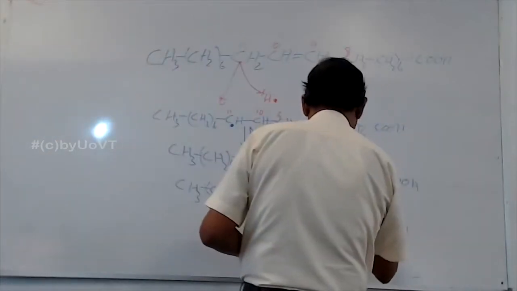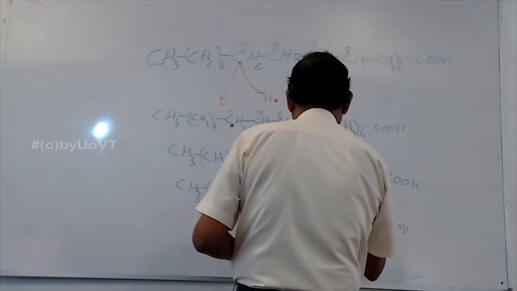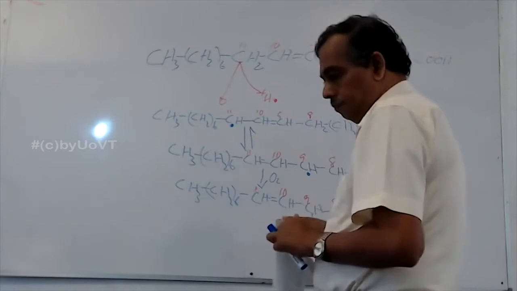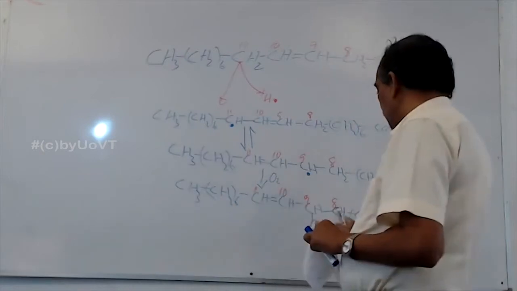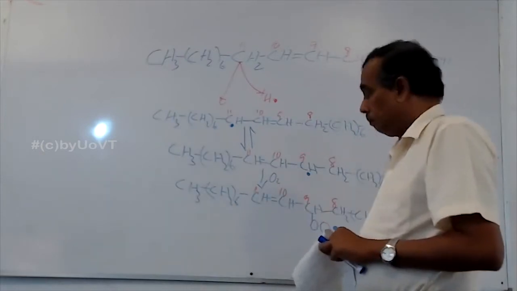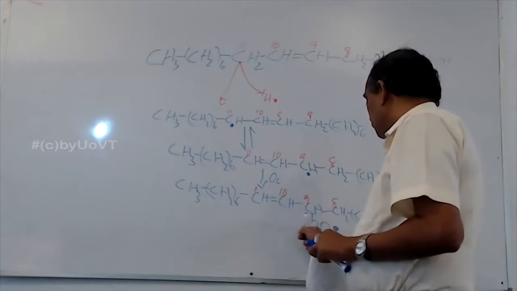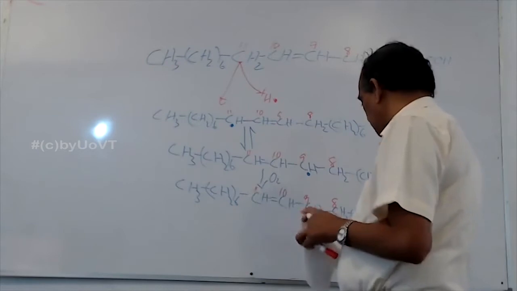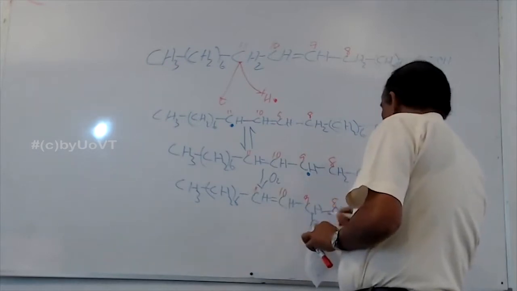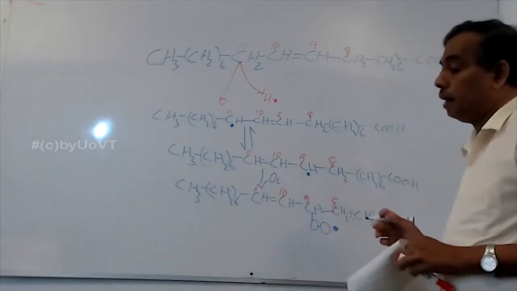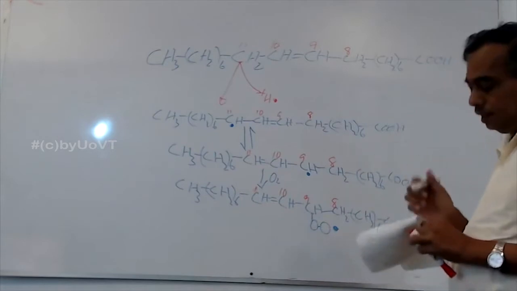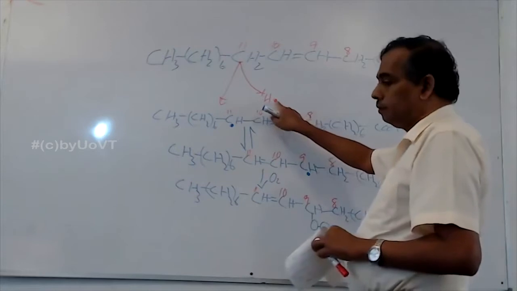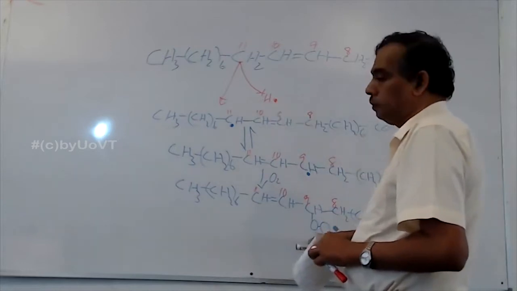If I number again, 8 carbon, 9, 10 and 11. Same carbons, but the thing is now the free radical is at the 9th position. This peroxide free radical can interact with this kind of H dot and form hydroperoxide.